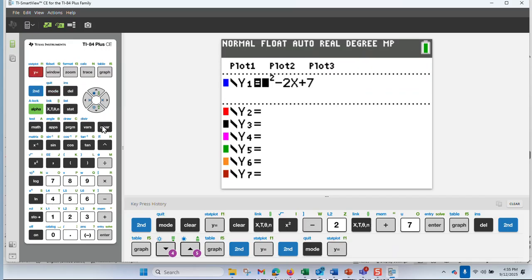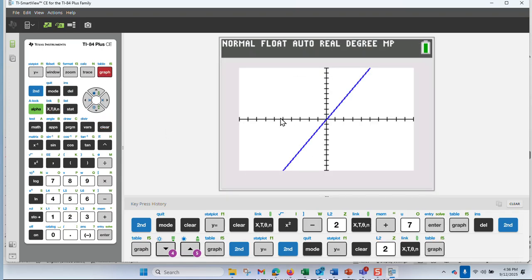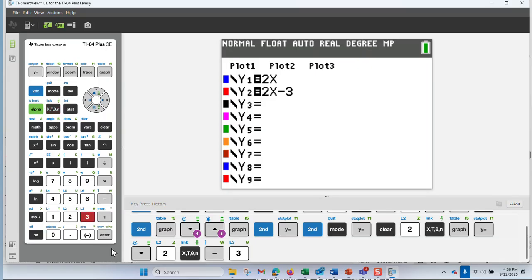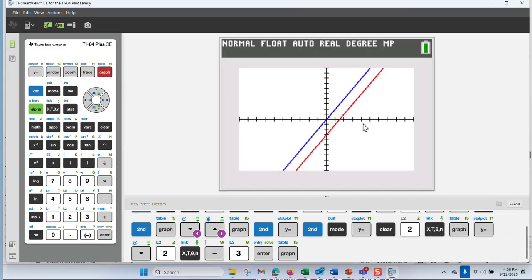I have y equal to 2x, and then we graph another one, 2x minus 3. You can see these two lines are parallel. What does parallel mean? It means they never intersect. They just keep going on and on, never intersecting each other, so that's parallel.